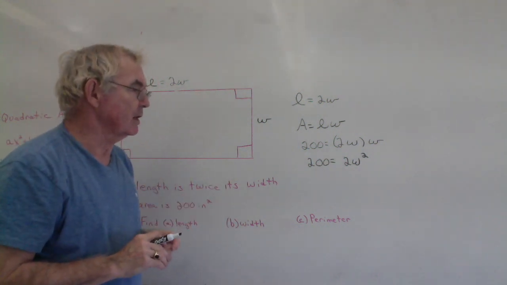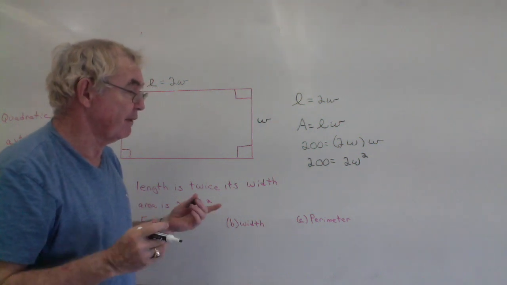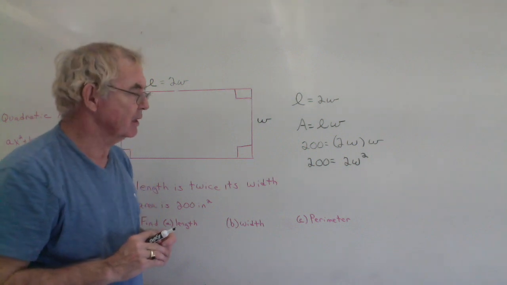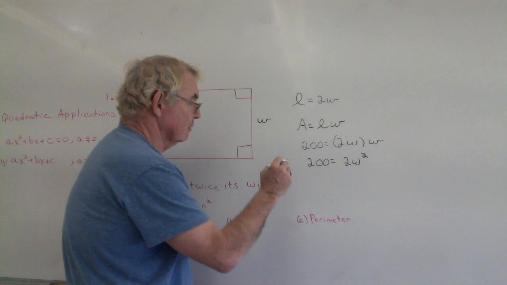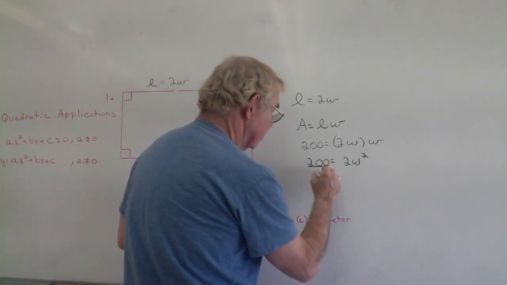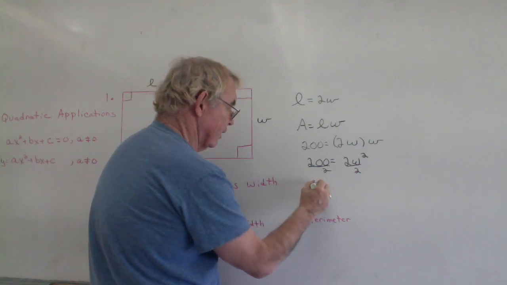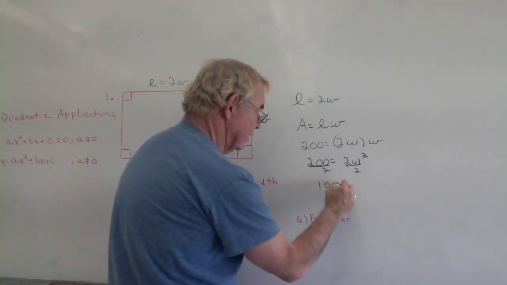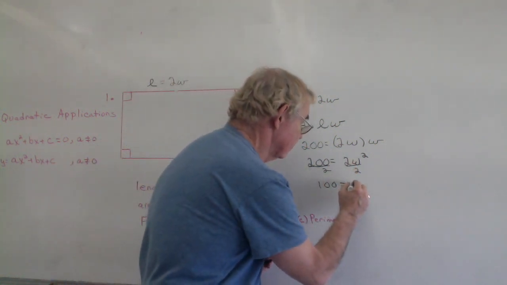There are numerous ways to solve it. You could factor. You could use the quadratic formula, but in this case I'm going to use square roots. I believe it's quicker. So we divide by 2, and this becomes 100. These 2's divide out, and we have W squared.